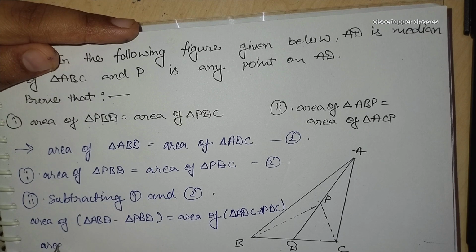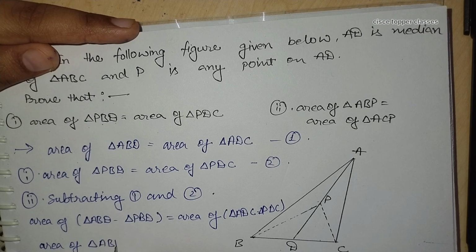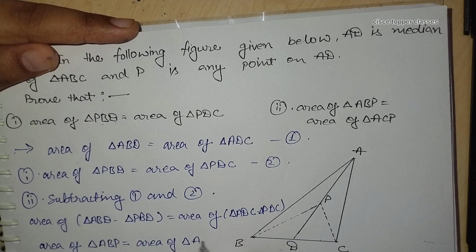So this will be area of triangle ABD minus PBD is equal to ABP, and this is area of triangle ACP. Hence proved from here.